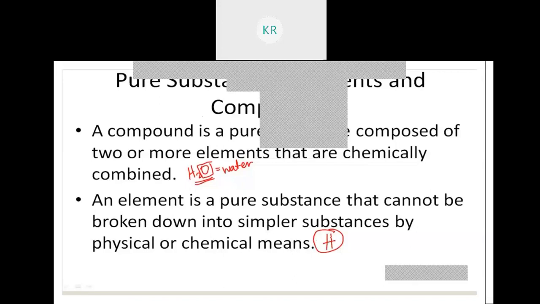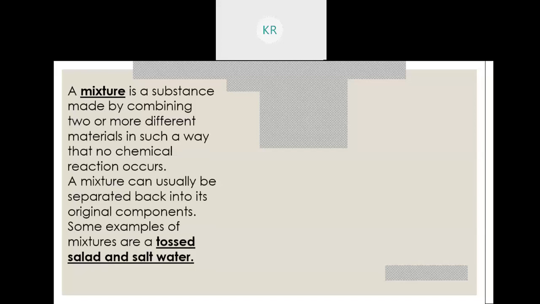In our next slide, we'll discuss mixture. A mixture is a substance that is obtained by mixing more than one kind of particle. It is made up of two or more components, where each component has its unique property.